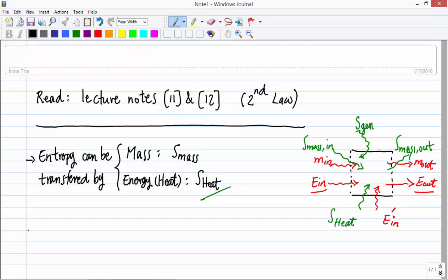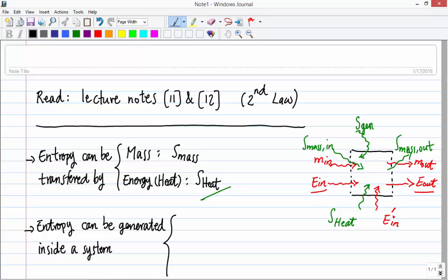So entropy can be generated inside a system. So S generated, if it is larger than zero, we call this process irreversible.